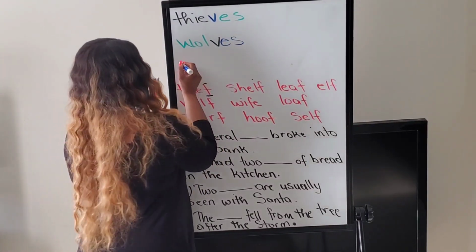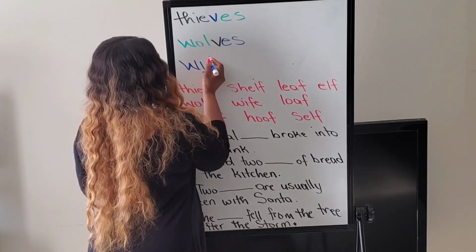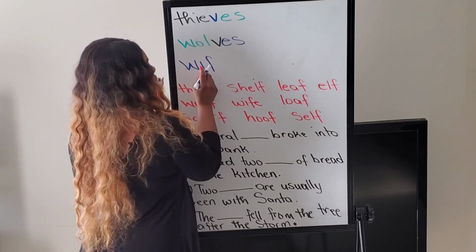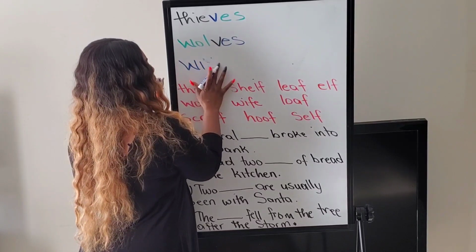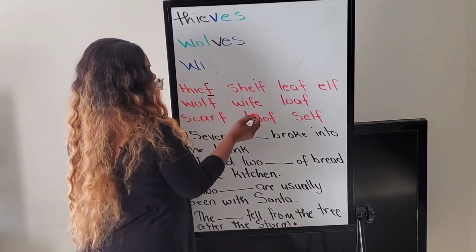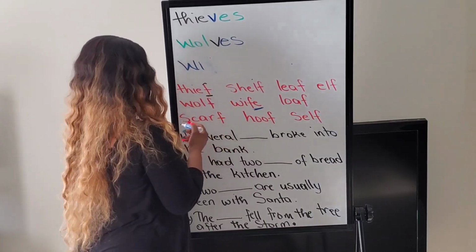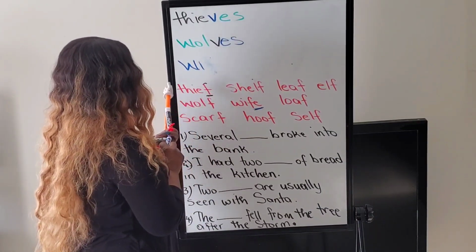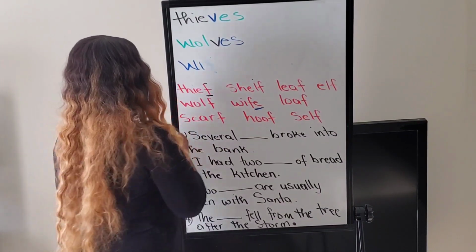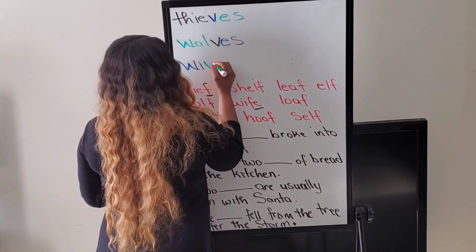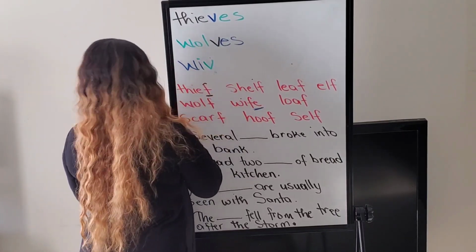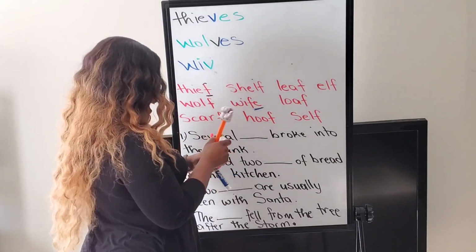Now, wife. So it ends with FE. See that? It ends with FE. Look at this. FE. So instead of the FE, you're going to change it to V, and then you add what? ES.